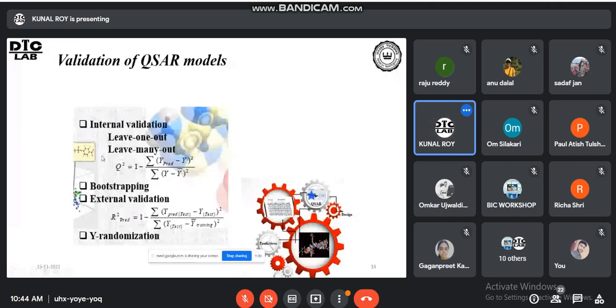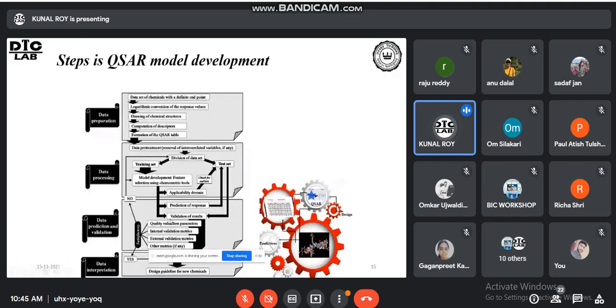We have to check the quality of the statistical model obtained, and also we have to check the quality of prediction either internally or externally, and finally use this model.